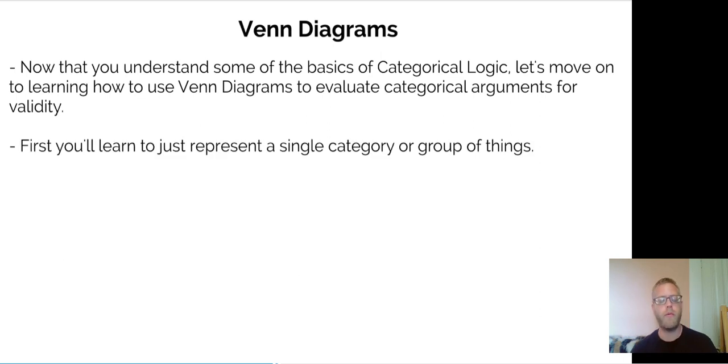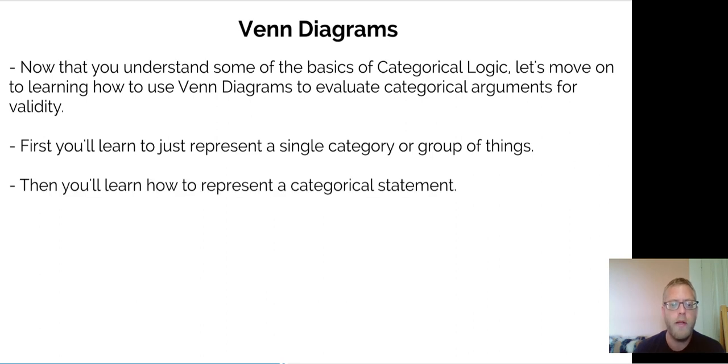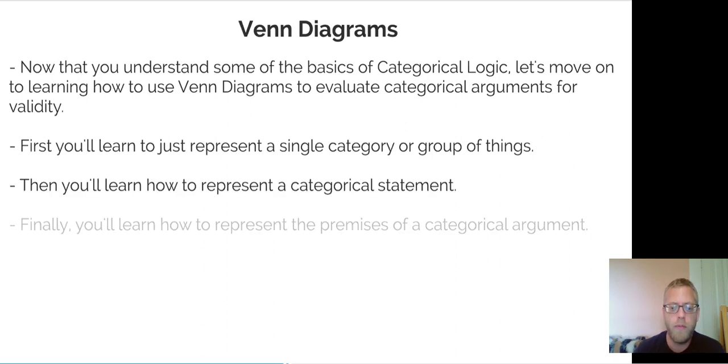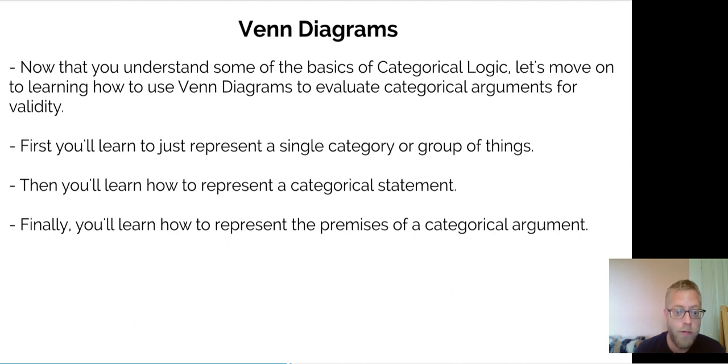So first, we can just represent a single category, or group of things. Remember, these are all about groups of objects or things. Either we're talking about all of them, some of them, or none of them. But let's say we wanted to talk about a particular category. Well, let's learn how to represent that with a Venn circle.